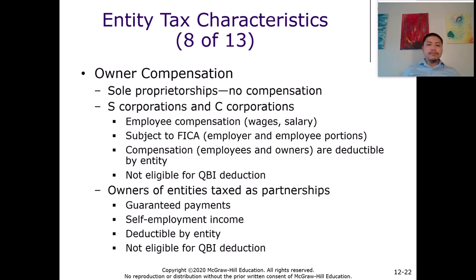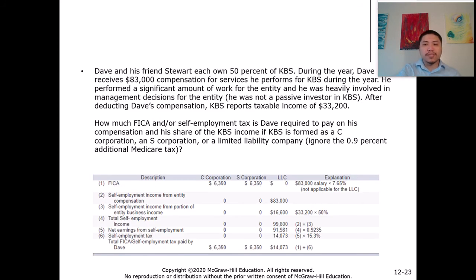So let's look at this example. I pulled this example from your homework, and it shows how entities treat FICA taxes differently. It says Dave and his friends each own 50% of KBS.